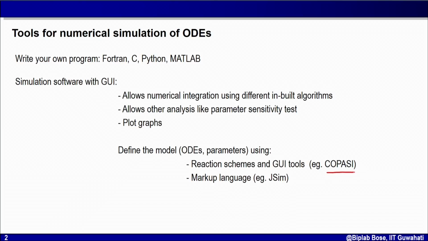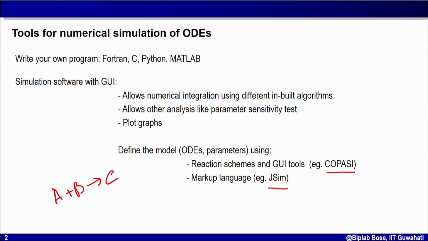For example, software like Copasi is a software where you can define a reaction just like A plus B reacting to give rise to C, like this. Whereas for JSim that we will learn, we will have to define the model in a specific manner, using a specific language that JSim will understand.